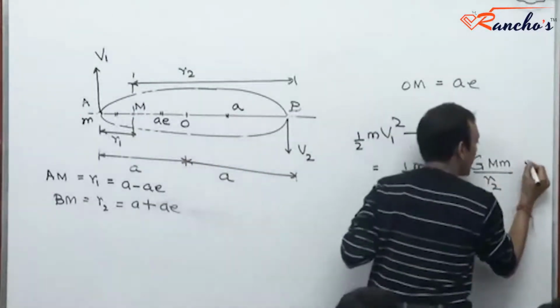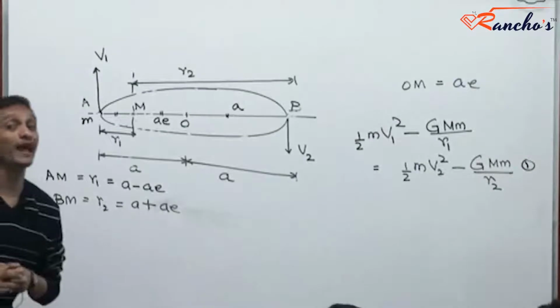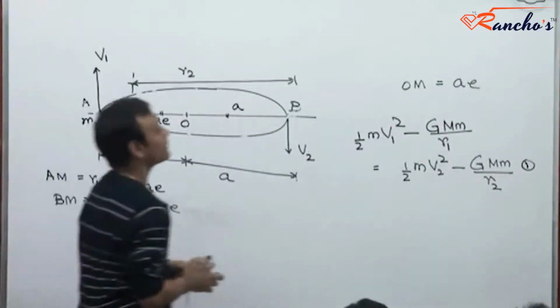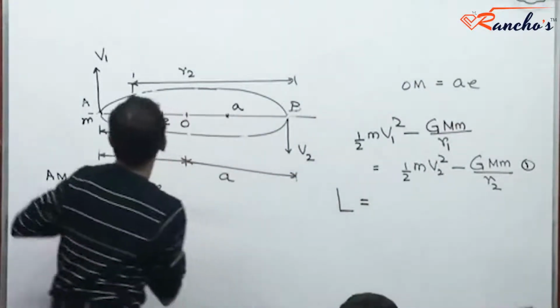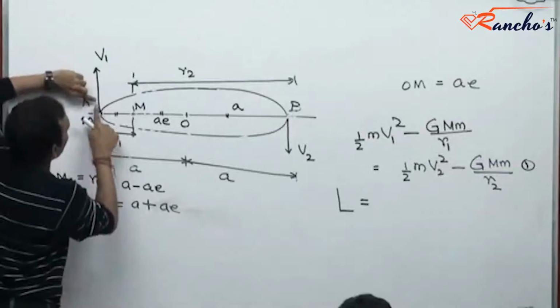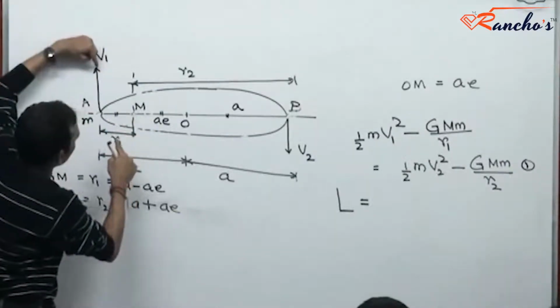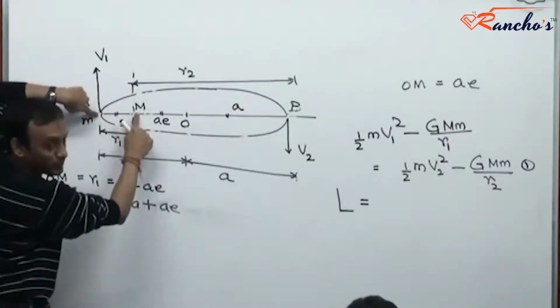Then the other applicable principle is that between A and B, the total angular momentum is conserved. The angular momentum L at A is going to be m v1 into r1. See, this is the line of action of the velocity and r1 is the perpendicular distance of the line of action of the velocity from M, right?